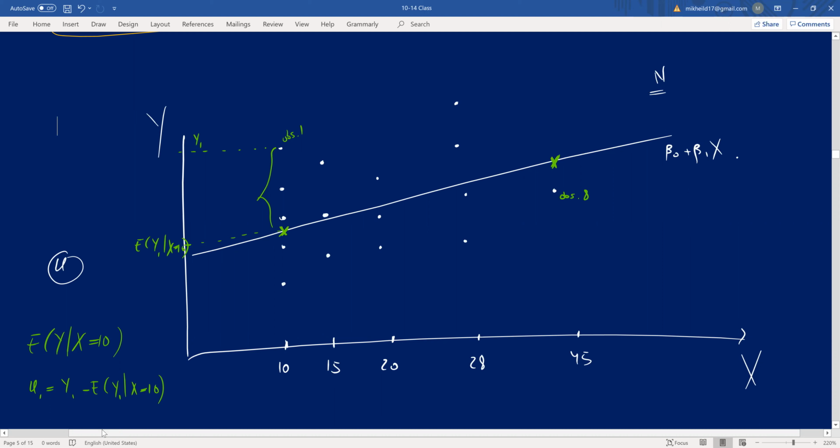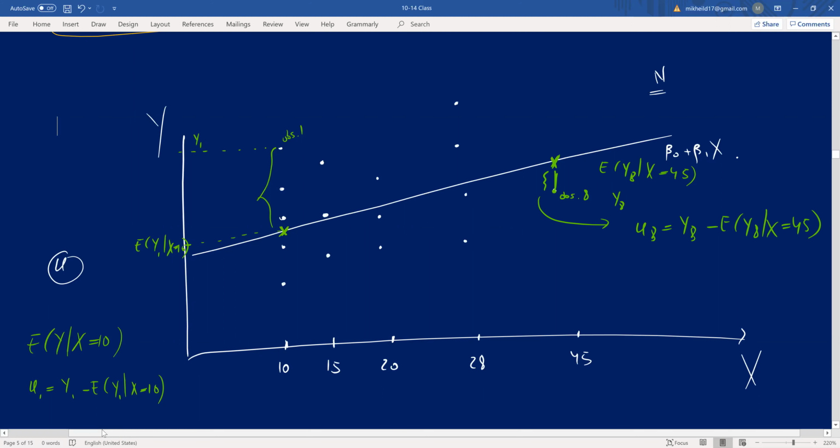So then this point will correspond to what? Expectation of y8 conditional that x equals 45. But this point will correspond to y8, right? And then the difference between these two points will be u8, which is y8 minus expectation of y8 conditional that x equals 45, and that's what I did here, but for observation 1. Am I clear?